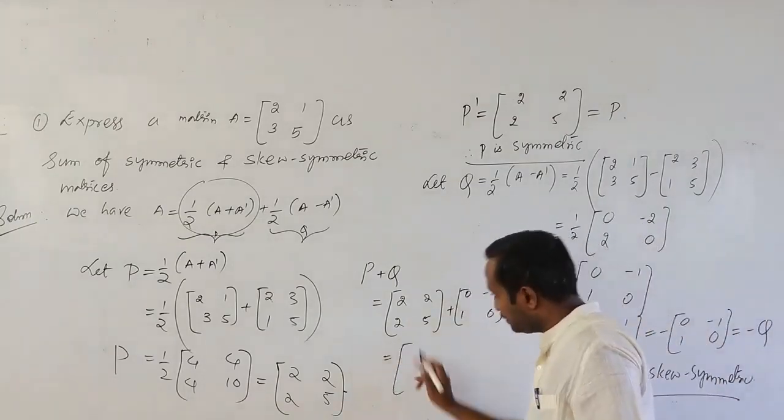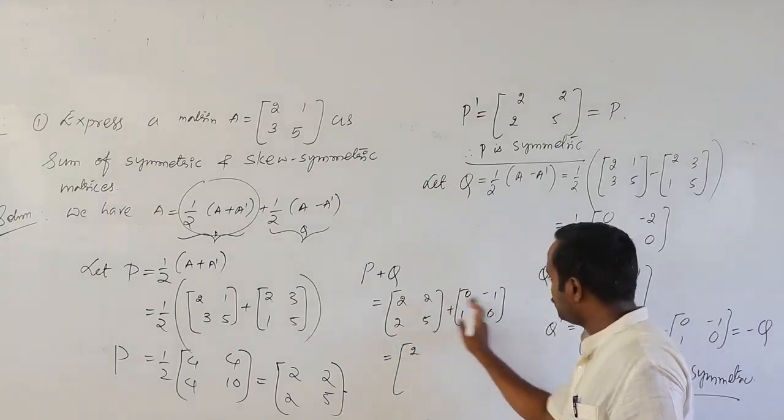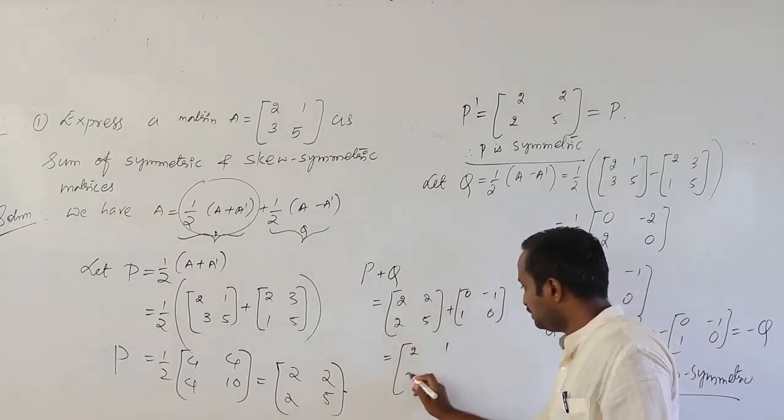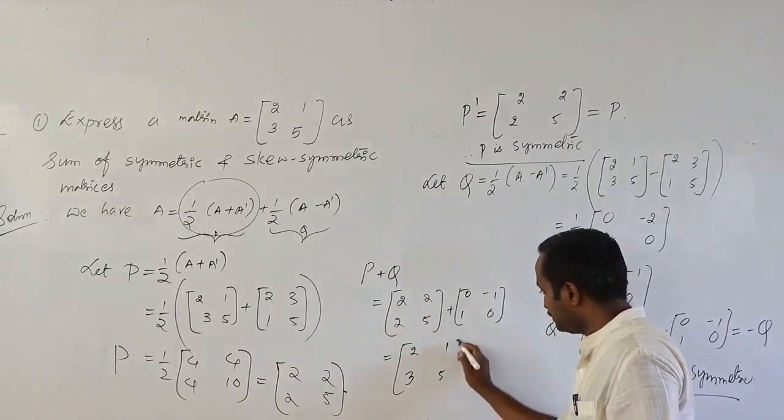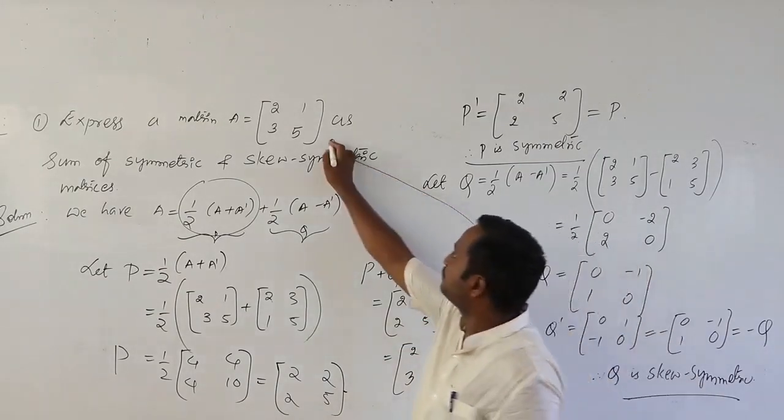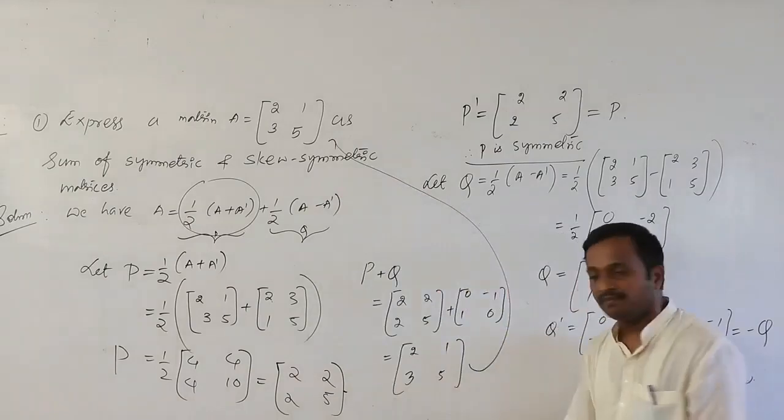Add this: 2 plus 0, 2; 2 minus 1, 1; 2 plus 1, 3; 5 plus 0, 5. This is nothing but 2, 1, 3, 5.